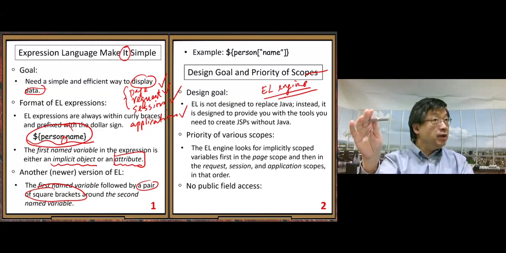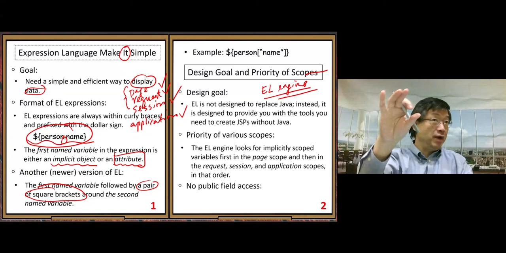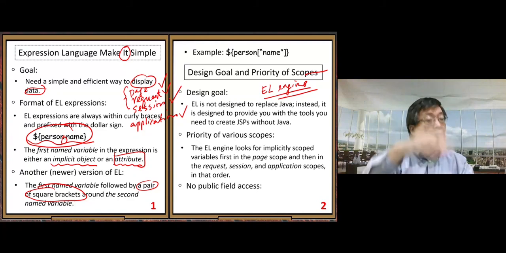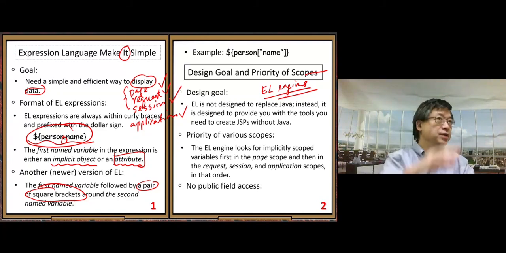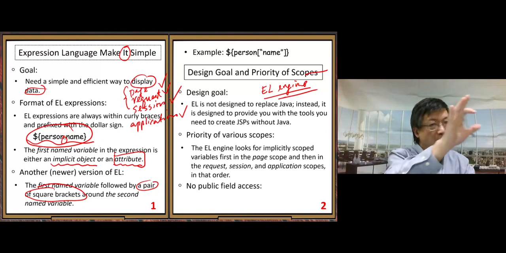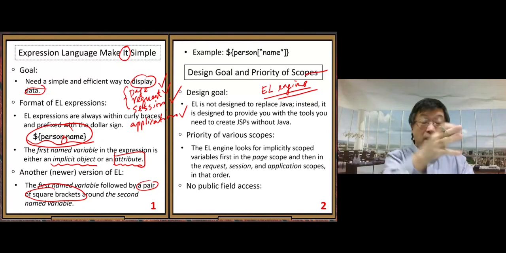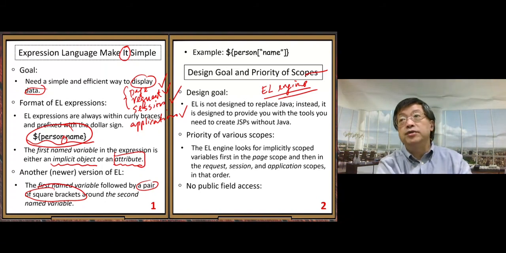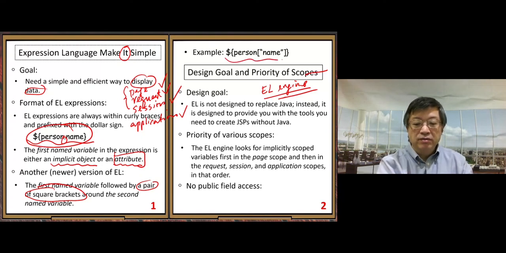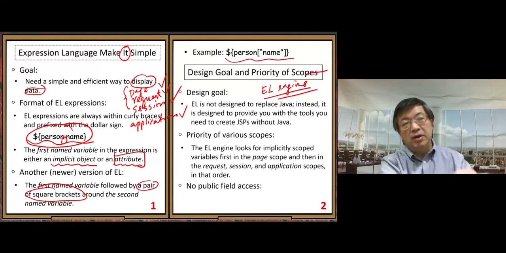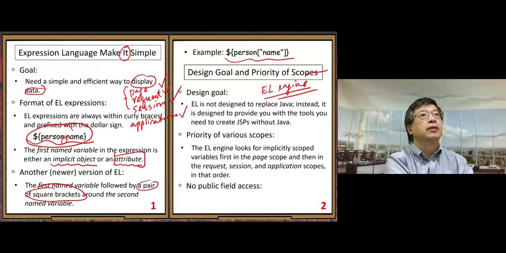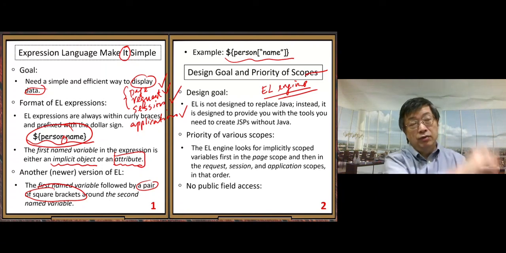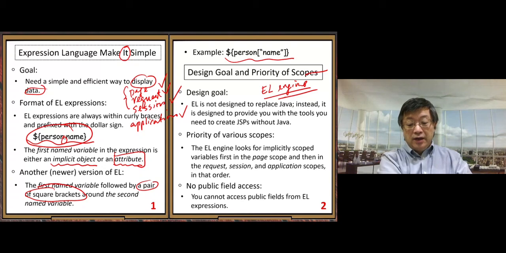In a Java bean, other than our instance variables or properties, which have setters and getters, we can also use some special public fields. But when you use the EL expression, you cannot access public fields. That's the rule.